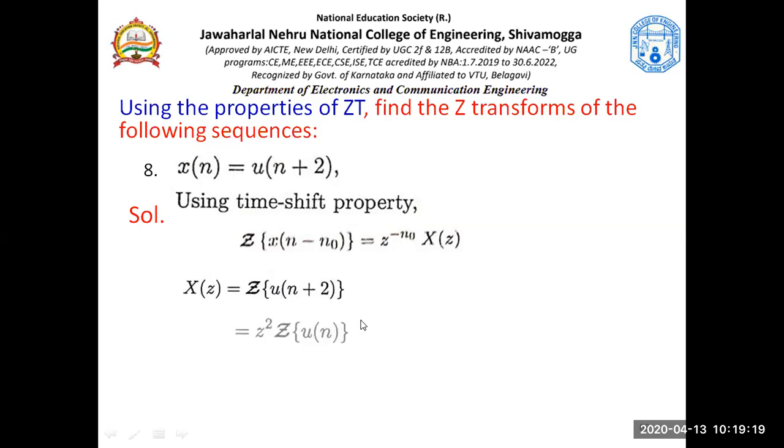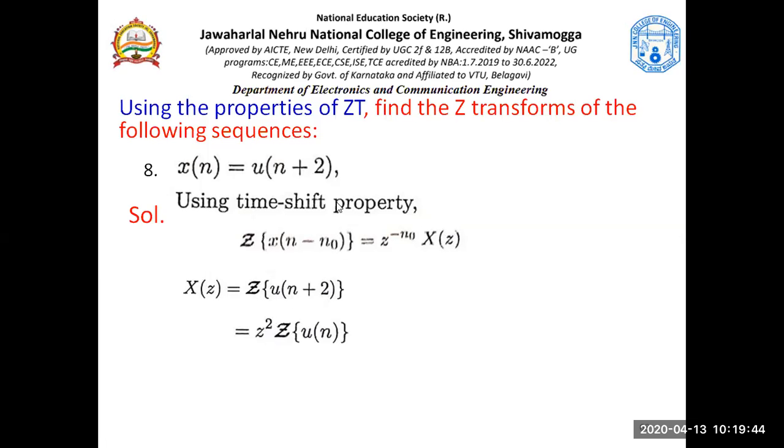So it is z to the power 2. Why is it z to the power 2? Because it is plus 2 here. Here it is minus n naught, because there is minus n naught here. Since there is plus 2 here, the power of z would be plus 2, into the z transform of x of n. So it is the z transform of u of n. Everybody understand that?